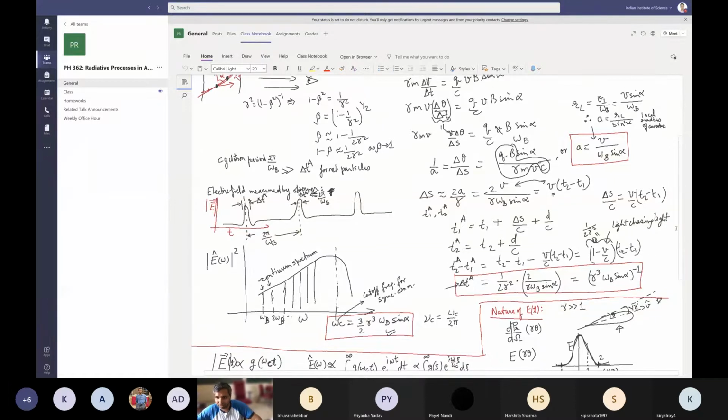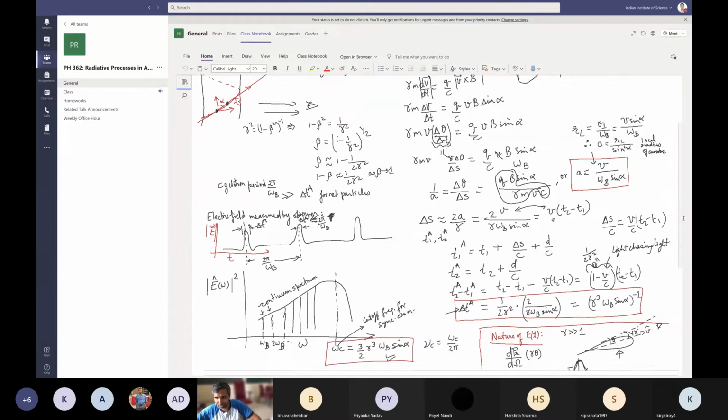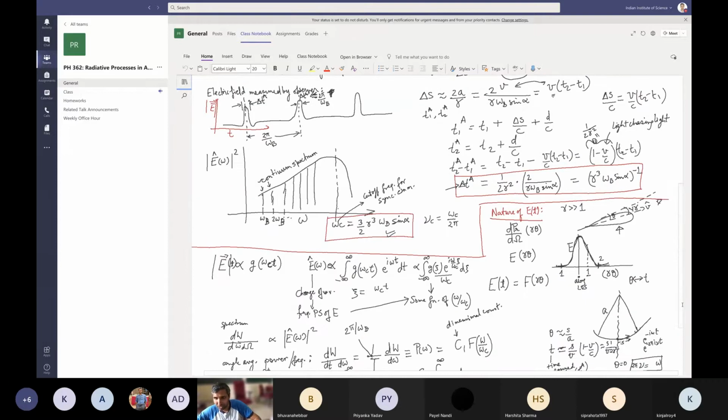So this t2 minus t1, which was calculated in the lab frame, was just the time duration in which the radiation beam is pointed towards the observer. But because we are interested in the time and the electric field measured by the observer, we have to divide this by the 2 gamma squared factor.